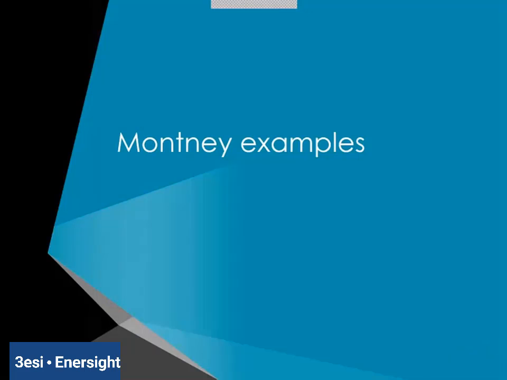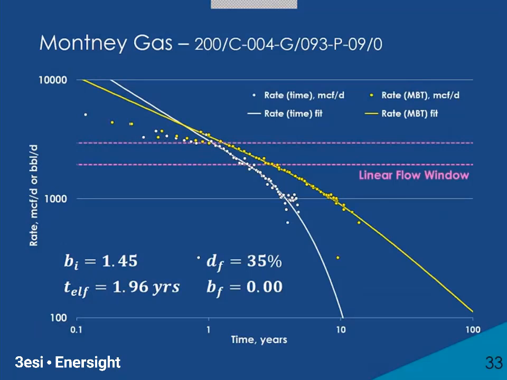Now I want to show you a couple of Montney examples because we're in Montney country. So here's another perfect example. I've got lots of data in both flow regimes. I can fit. You can see how well this method works for Montney.